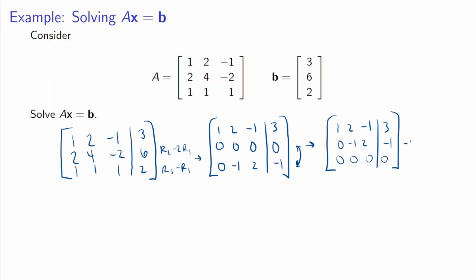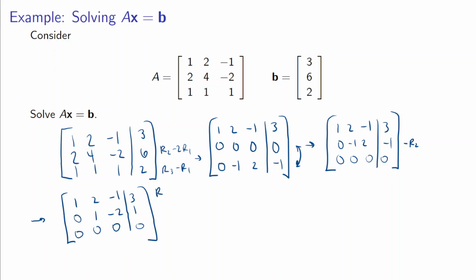Let's scale this second row by -1 to put just a +1 in that position. We have 0, 1, -2, 1, 0, 0, 0, 0. And then I think one more step gets us to reduced echelon form.